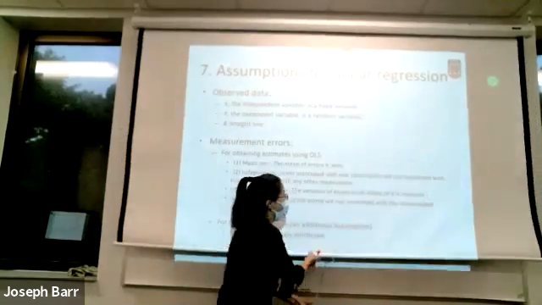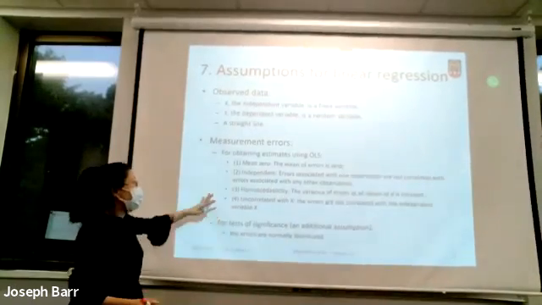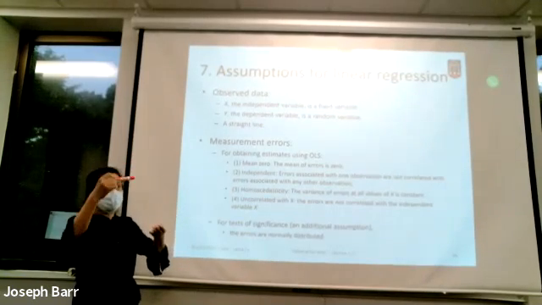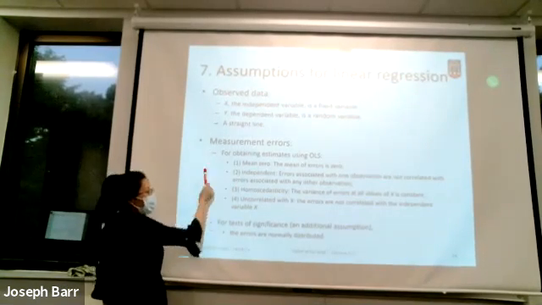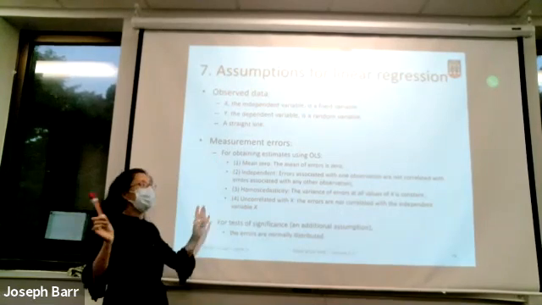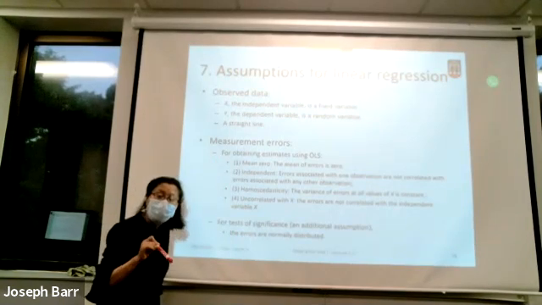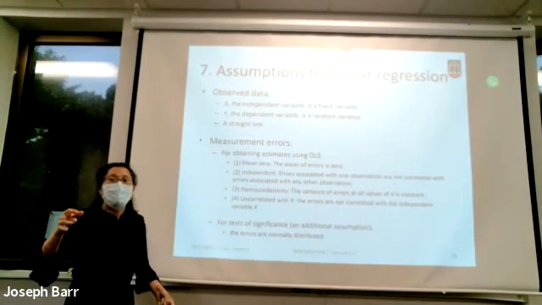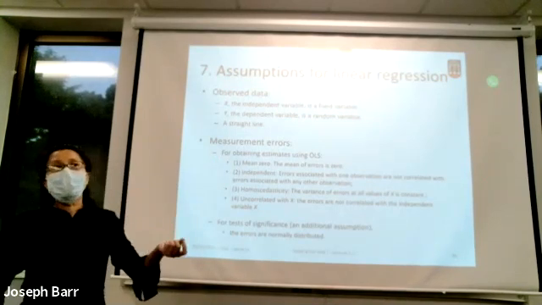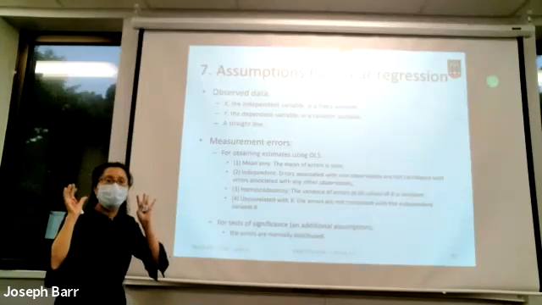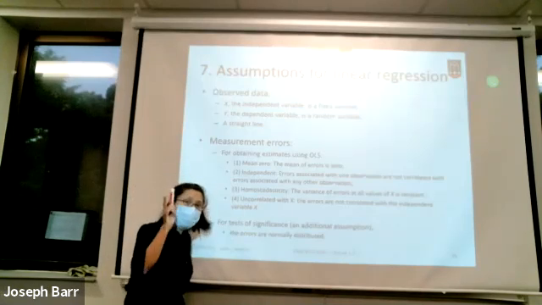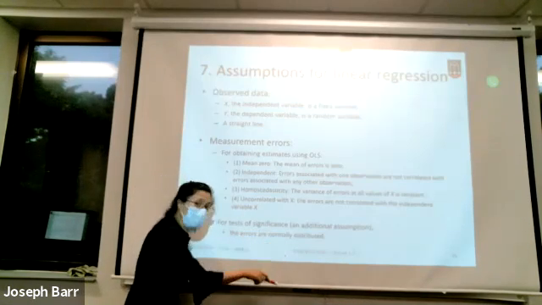If you just want to obtain the point estimates A and B, or of course B1, B2, B3, all of these, those assumptions are enough. You don't need to put any other assumption. But when you want to do more, when you want to do a test, get a p-value, see if it's significant or not, or get the variance or the standard deviation, you need to add one more assumption, which is a distribution assumption.